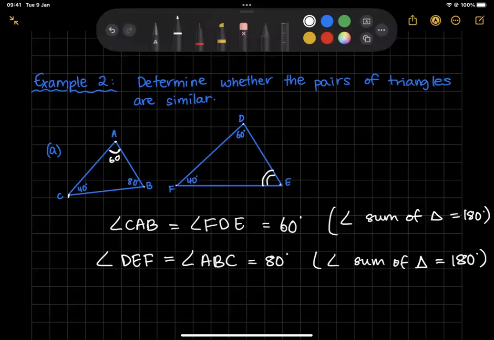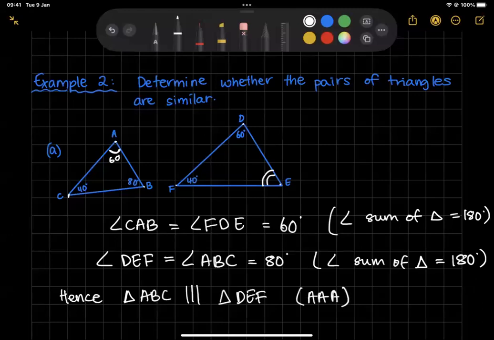If I've already proved two angles are equal to each other, that means, hence, triangle ABC is similar to triangle DEF based on the test of it satisfying AAA.